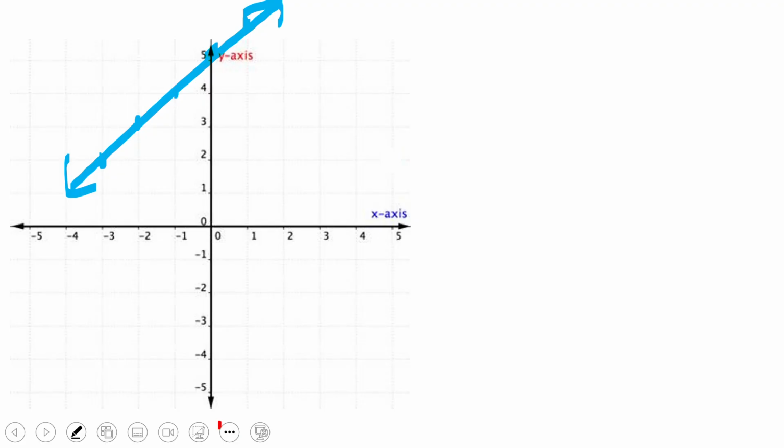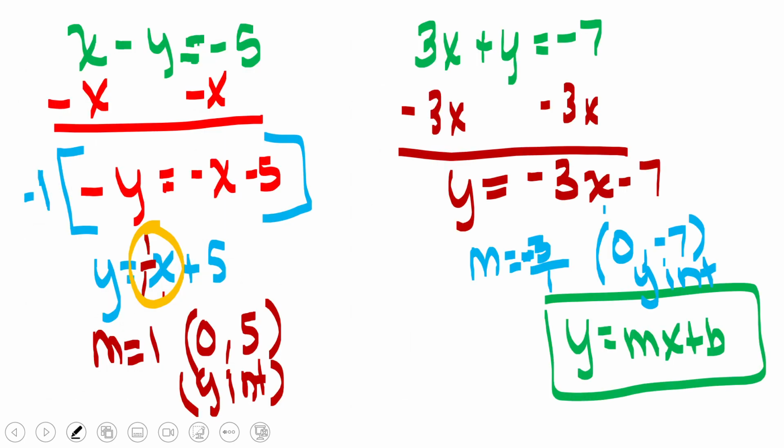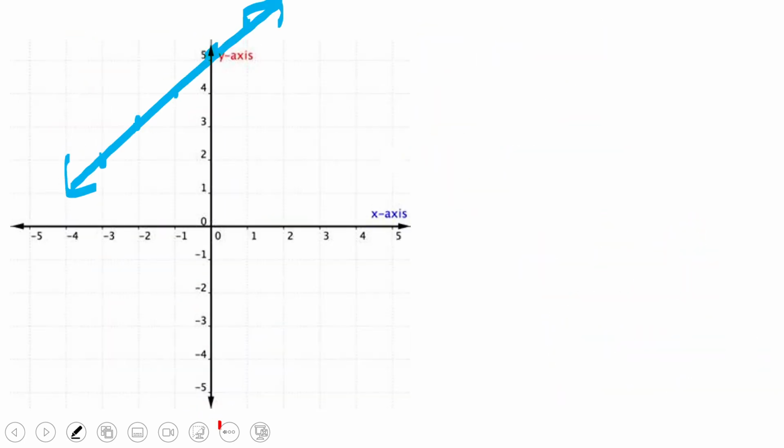Okay, and then we have a slope of negative 3 over 1. So we're going to have a negative slope. And it's got to go all the way up to intersect the blue line.